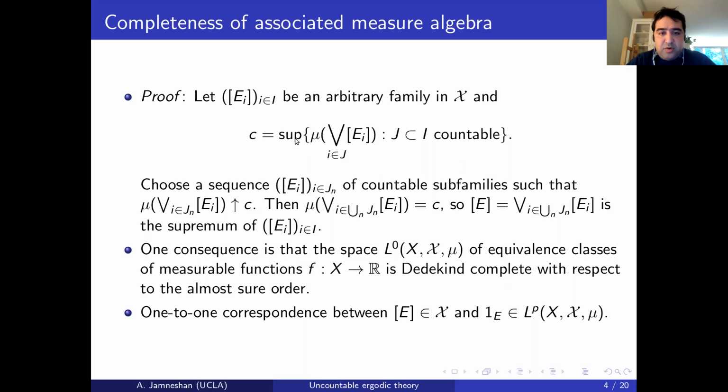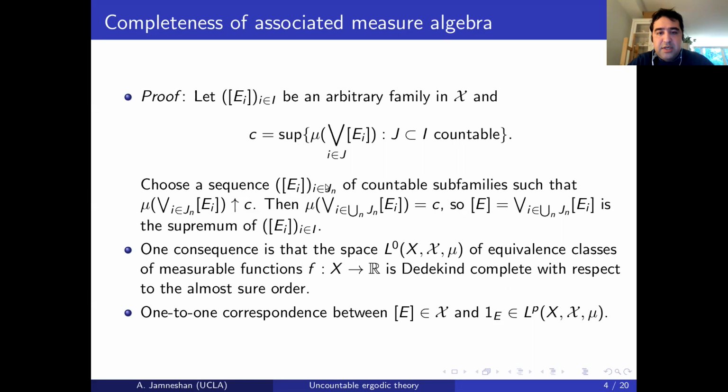So that supremum is just a supremum of real numbers. So in particular, there exists a countable sequence which approximates the supremum from below. And this countable sequence corresponds to countable subfamilies of this family E_i. So let's choose such a sequence.